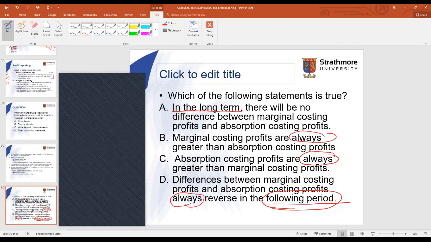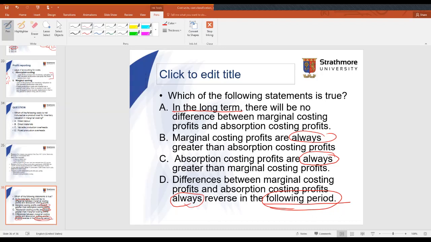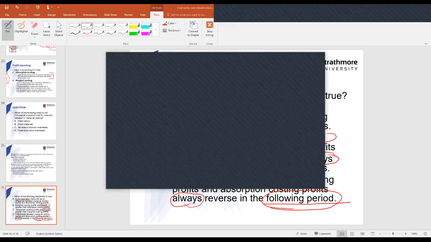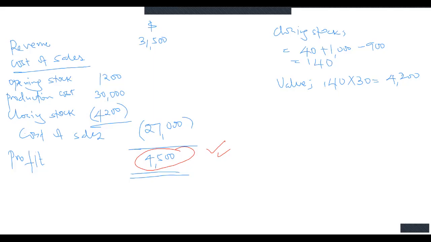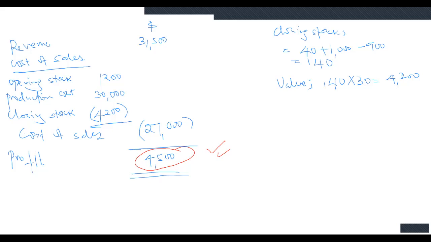Now I wanted just to check on Alexander, the last one of Alexander. Let's see, maybe here we have a case. We have the material. For Alexander, B was saying that the profit at marginal will always be greater.